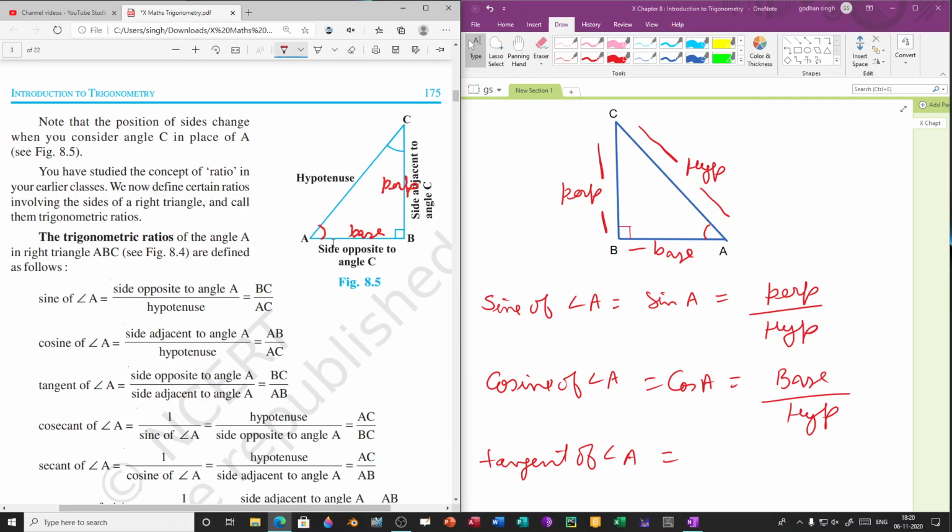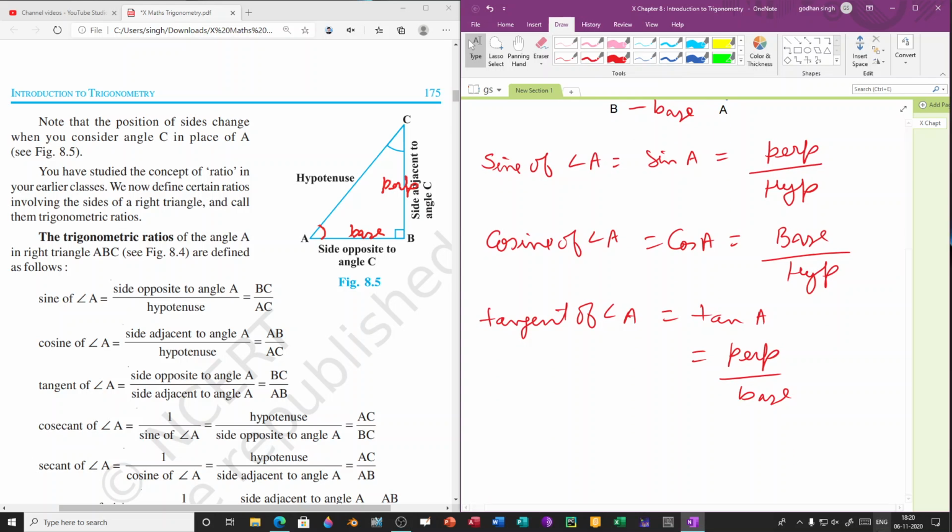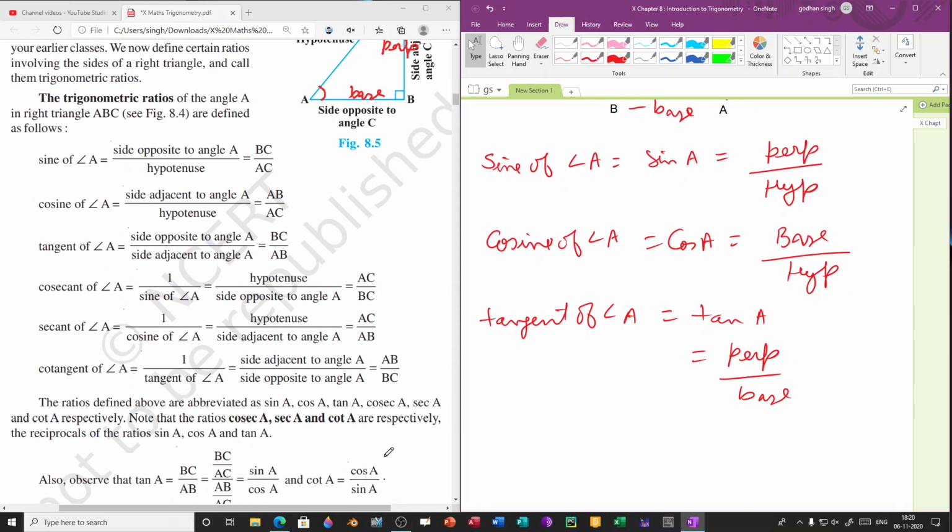So tangent of angle A, in short we write as tan A, is defined as perpendicular over base. Now we have another ratio that is known as cotangent of angle A.